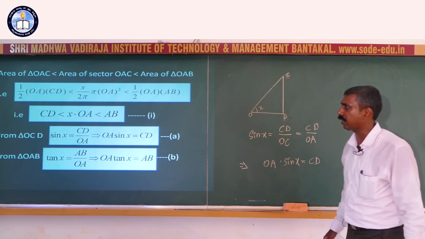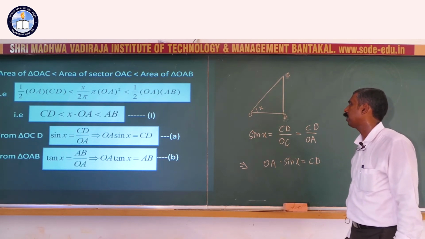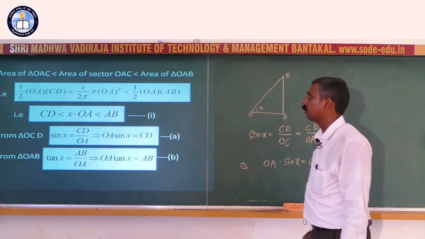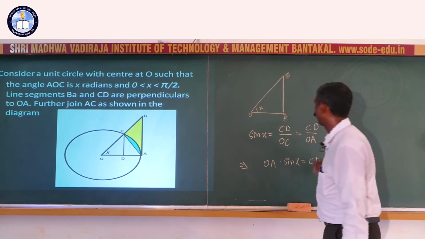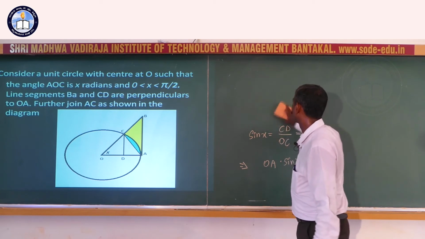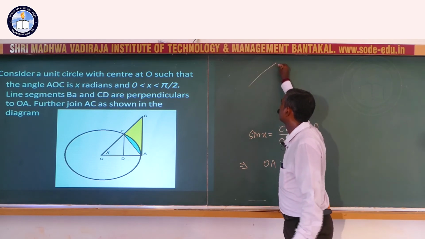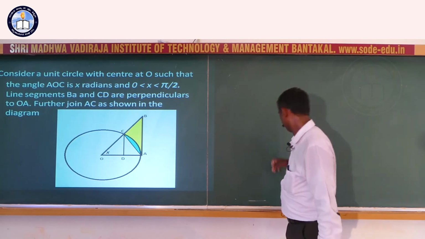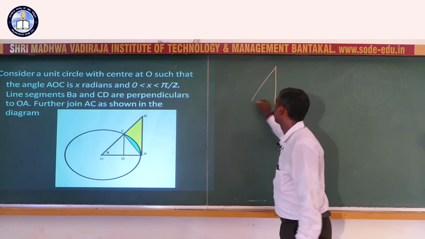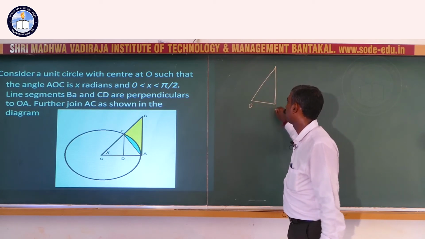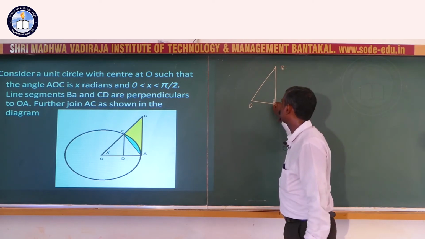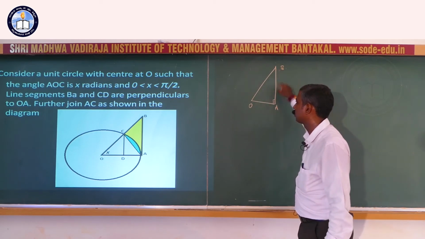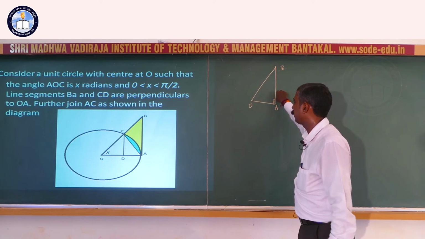So next we have to consider the triangle AOB. What are the known quantities here in triangle AOB? OB is the hypotenuse and angle OAB is 90 degrees.